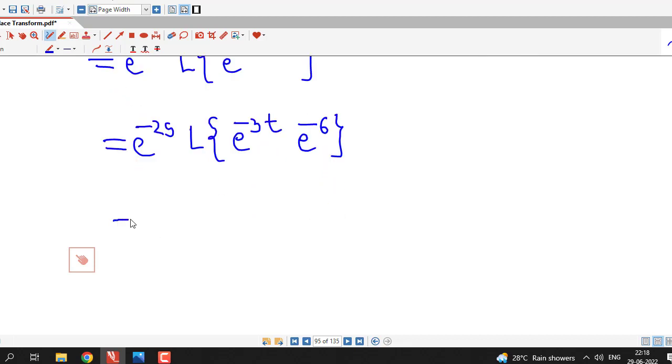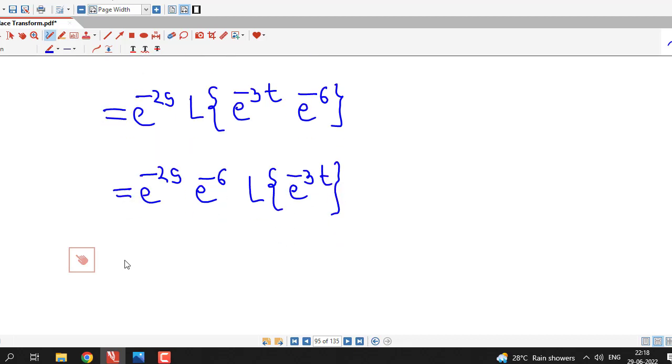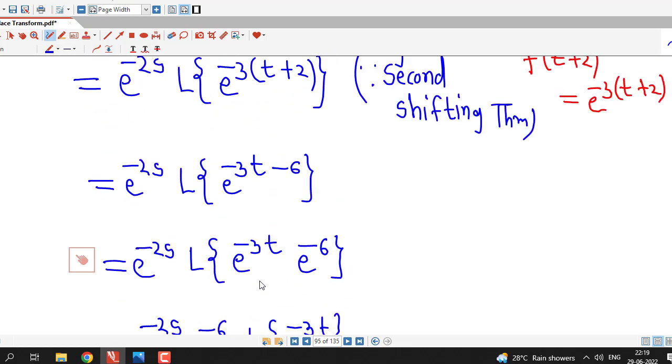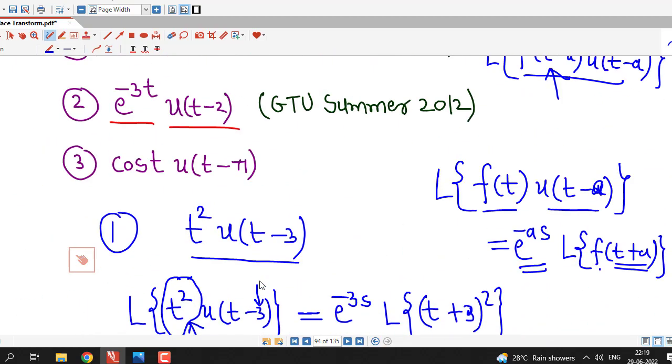E raised to minus 6 is constant, so we can take it outside using linearity property, and Laplace transform of e raised to minus 3t, and this we can rewrite as e raised to minus 2s minus 6. Laplace transform of exponential function is s minus coefficient of t, which is minus 3, and finally we obtain our Laplace transform as e raised to minus 2s minus 6 divided by s plus 3. So this is Laplace transform of second function.